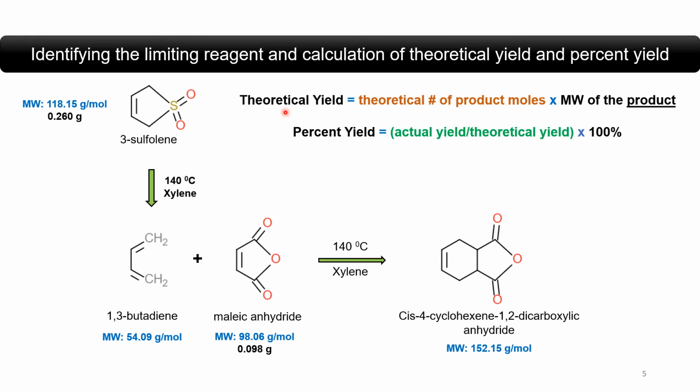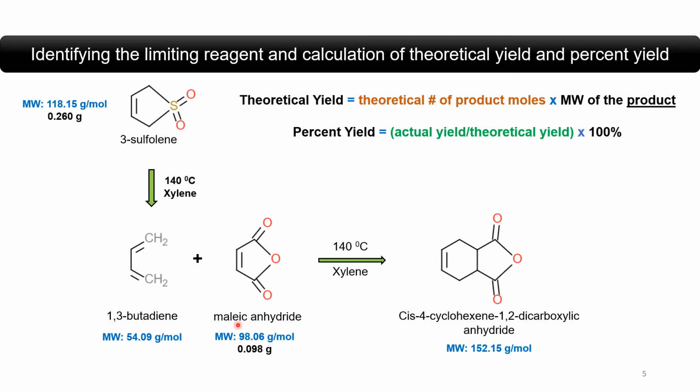So that's the point, and we can use that as a reference point to see how successful or not our reaction was. The theoretical yield is determined by multiplying the number of product moles that we theoretically expect by the molecular weight of the product. Always remember the yield is the product, so we always use the molecular weight of the product.